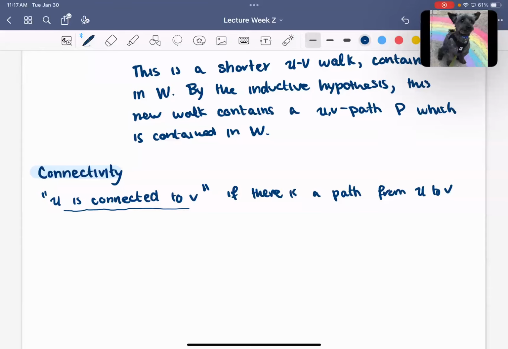Okay, now I'm going to make a definition.